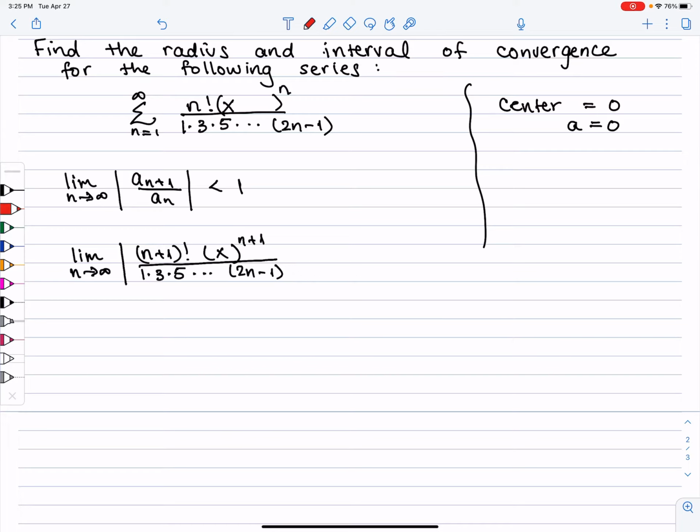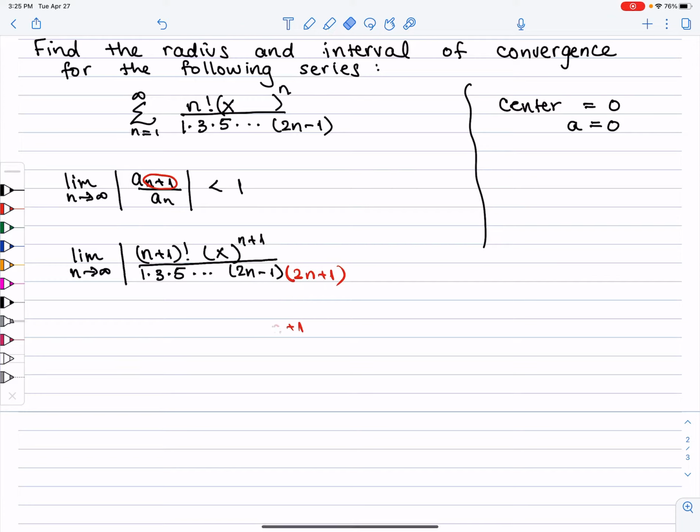You see, what we're doing is we're letting n be equal to n plus 1, right? We're doing the a sub n plus 1. So this will be 2 times n plus 1 minus 1, which gives us 2n plus 2 minus 1, and that gives us a 2n plus 1. So this will go all the way to 2n plus 1.